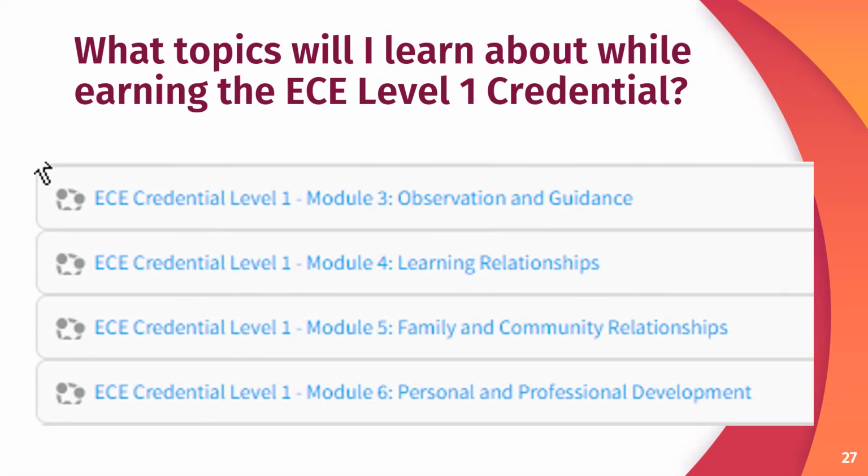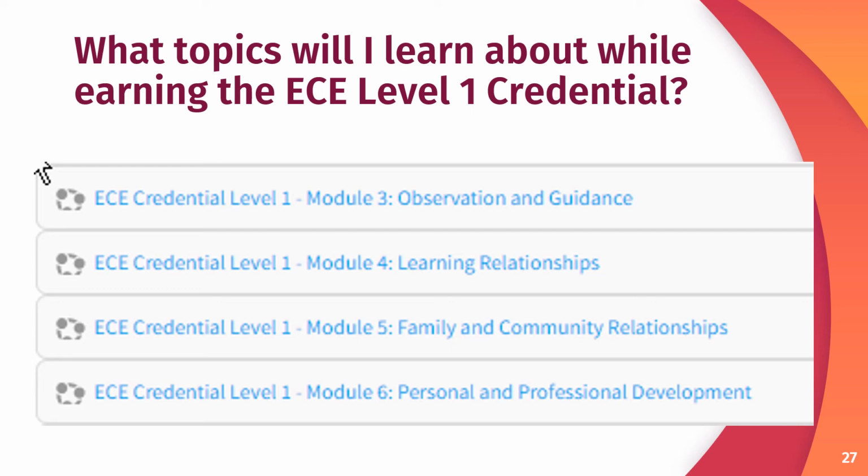The next 4 modules are shown here. Module 3 is going to be about observation and guidance, observing children to see what they're learning. When we observe children, we kind of figure out what they know, and we figure out how we can teach them to know even more or develop even greater skills.